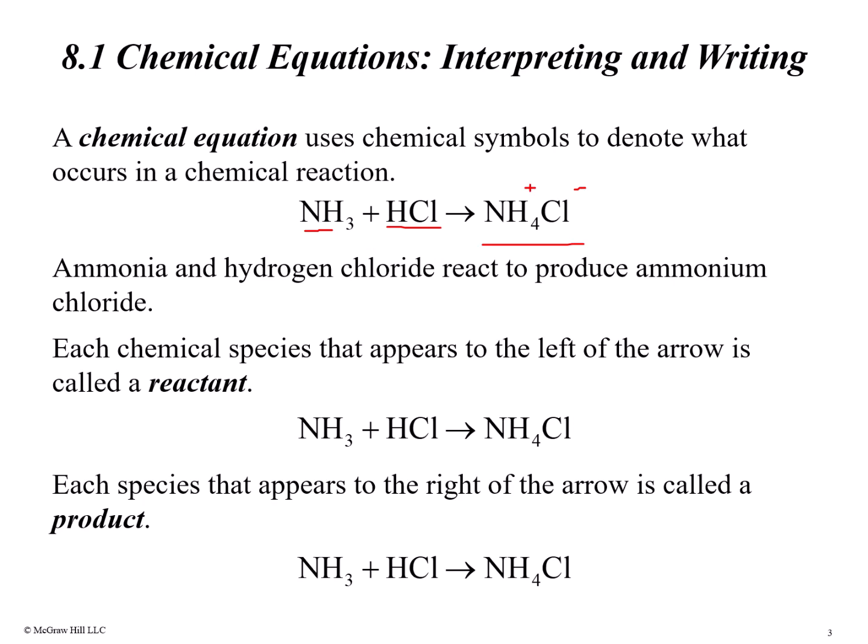So those substances that are on the left-hand side of the chemical yield sign, that's what this is called, are called the reactants. And the substance on the right-hand side of the chemical yield sign is called the product.